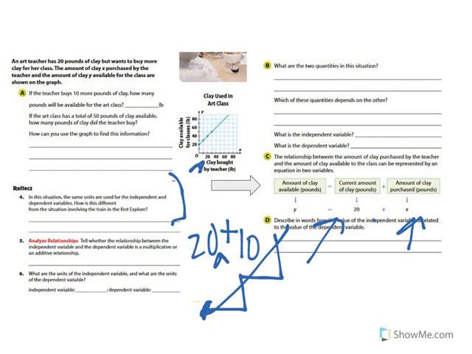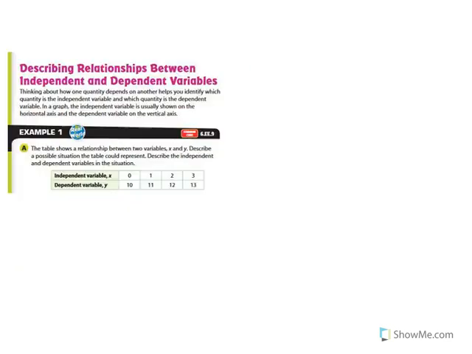All right, so it's important for you guys to know the difference between an additive relationship and a multiplicative one, which was what we looked at before. So let's look at this example. All right, so we have a table showing a relationship between the two. When x is 0, we have 10. And then as we move up, it's going to be affecting the total there, as you can see.